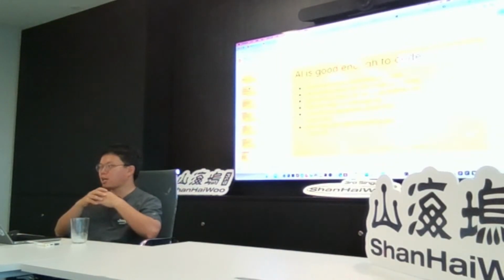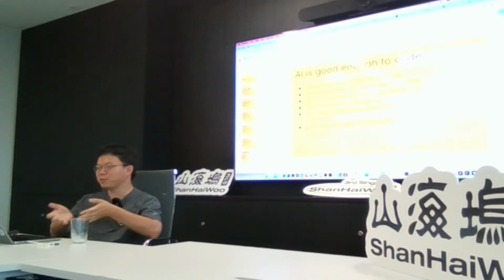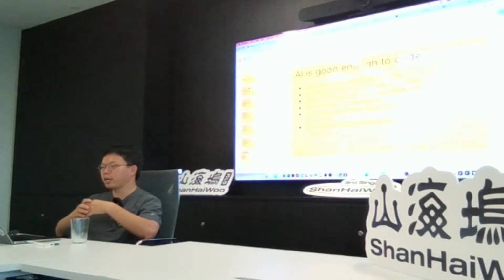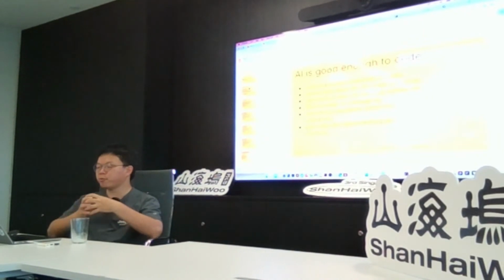But now there's something that changed my mind since last year, since I used Cursor and ChatGPT to help coding and app development. AI has been a revolution in many ways, in many fields, and AI is also good enough to code.